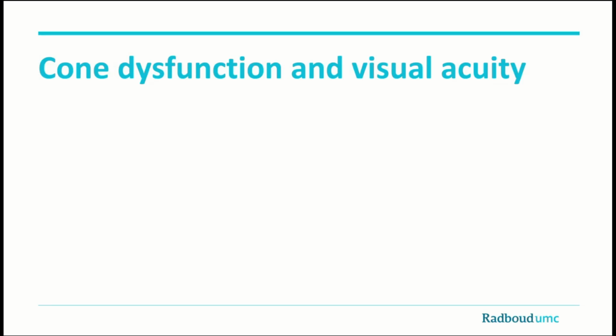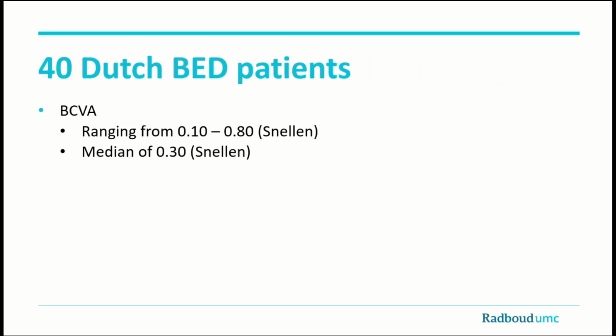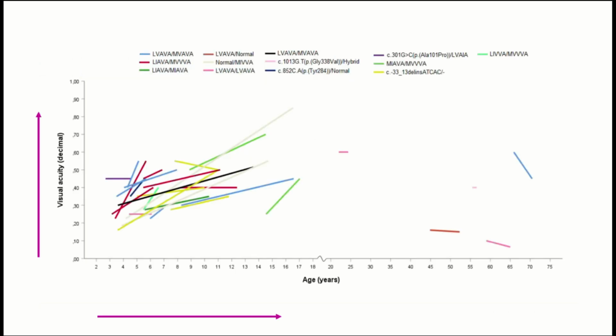Now, how about visual acuity? We've studied 40 Dutch patients with Bornholm eye disease, and the visual acuity ranged from about 10% to 80%. This is Snellen visual acuity, with a median of 30%, and it's shown in this graph here.